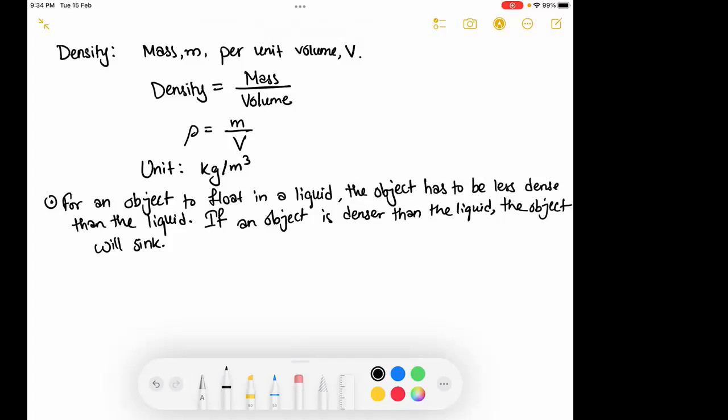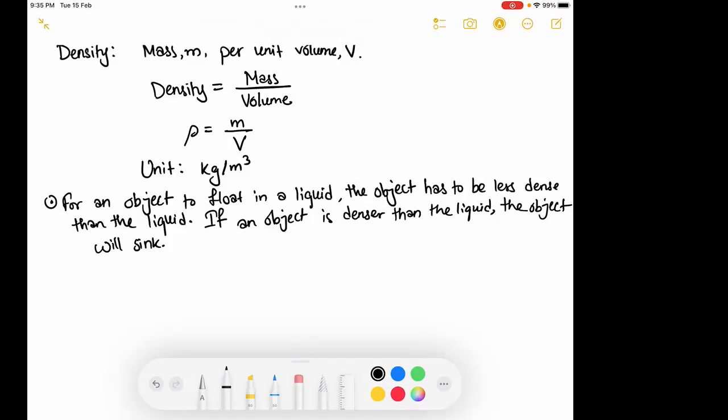I think now we can move on to turning effect of forces, but before that, I'm sorry, this is probably a foolish question, but what if the density of the liquid and the object is equal? Good question, actually.